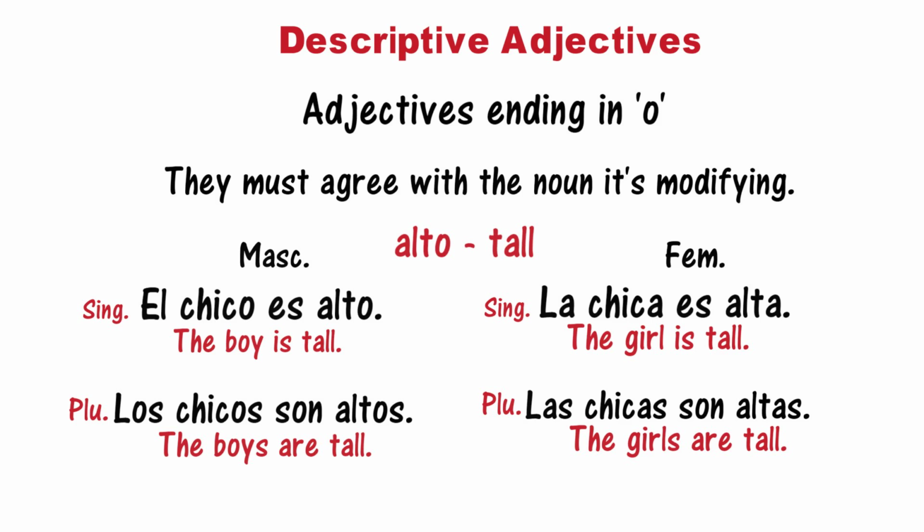So instead of los chicos son alto, you add S to alto to make it plural: los chicos son altos. The same applies to the feminine. Las chicas, you don't say las chicas son alta. You'd rather say las chicas son altas. You add an S to the adjective alta to become altas. Am I making a lot of sense over here?